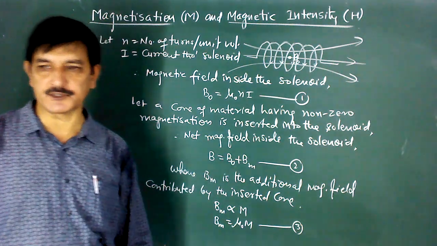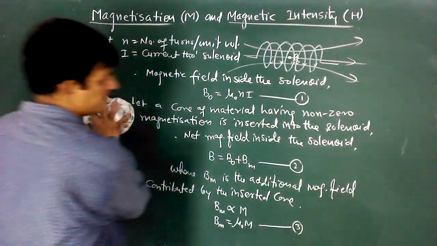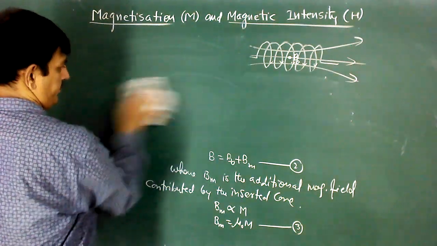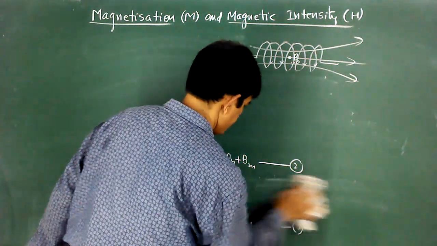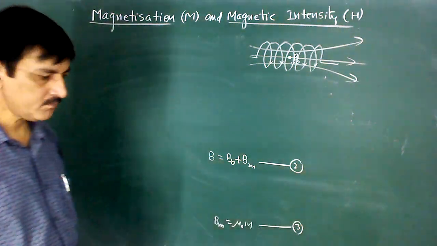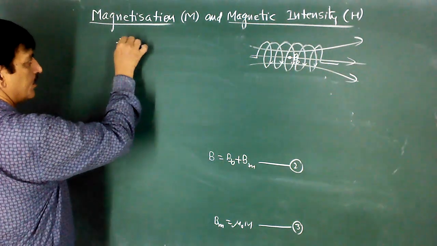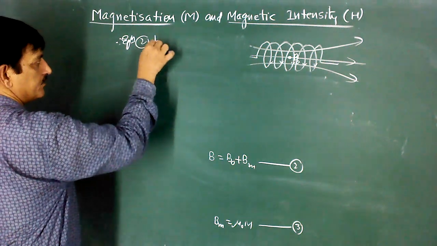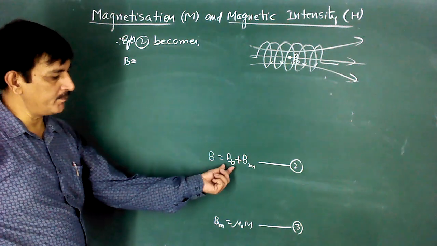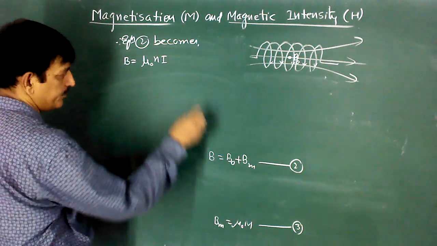So equation 2 becomes B equal to mu naught N i, which is the value of B naught from equation 1, plus mu naught M, the value of Bm.